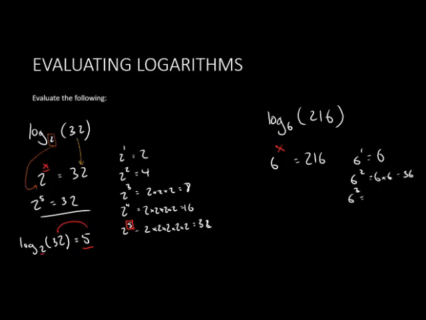And 6 to the third power is 6 times 6 times 6. This would be 216. Therefore, the correct exponent is 3. Therefore, we'll say that log base 6 of 216 is equal to 3, because 3 is the correct exponent we could place in place of x to get 216.